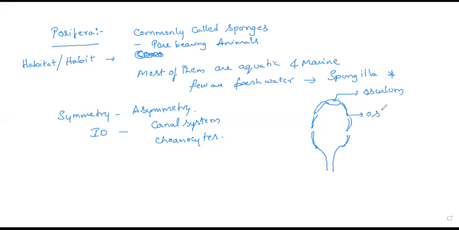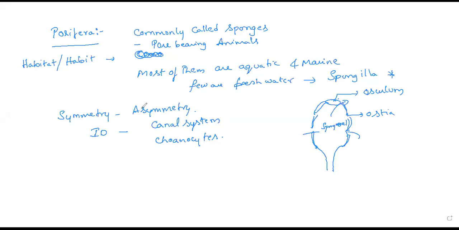These are ostia. And this is the spongocoel. Water enters into the canal system through ostia, and goes outside through the osculum. So the canal system or water transport system consists of ostia, osculum and spongocoel.